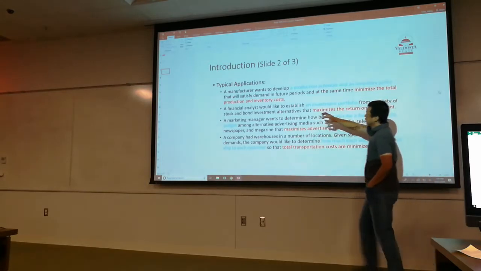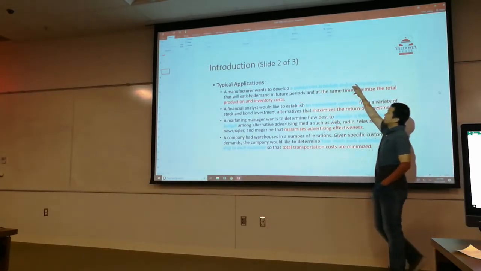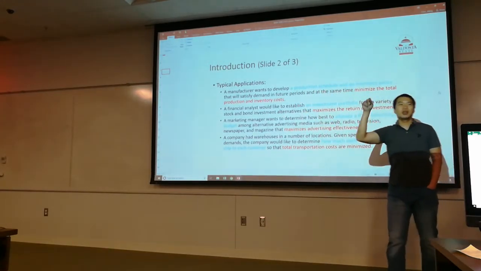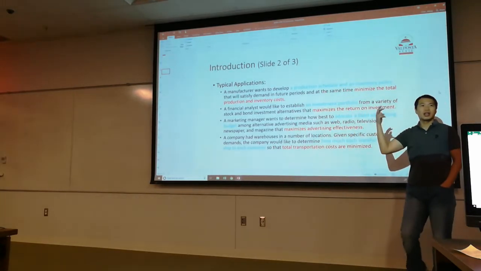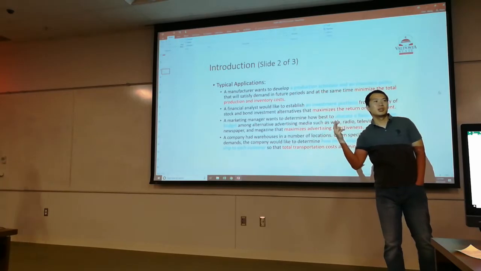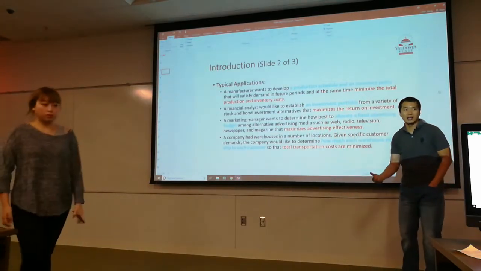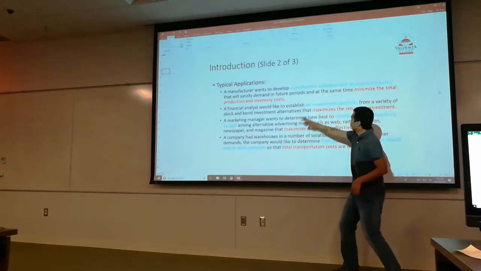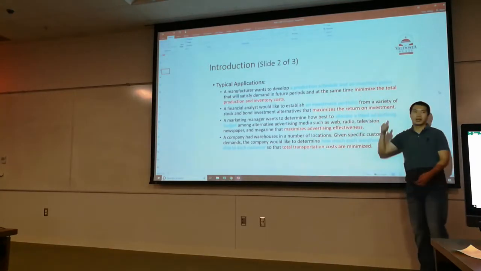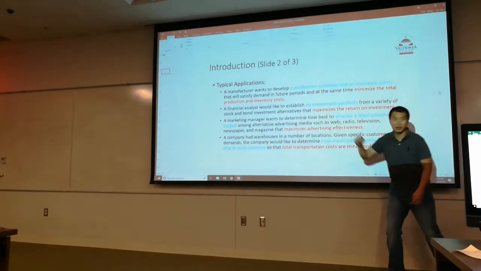One is the decisions. They want to develop a production schedule and inventory policy. So that's the optimal decisions that they want to get from this optimization model. And their objective is to minimize something, minimize the cost.